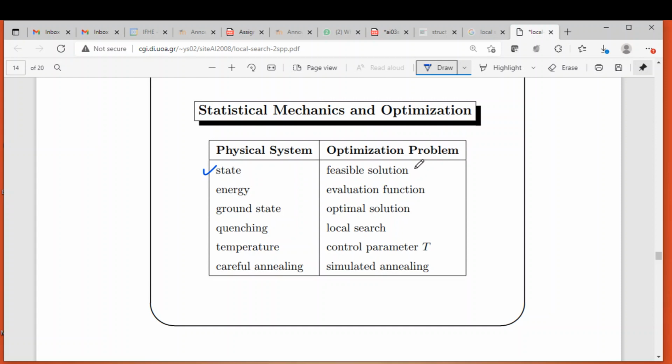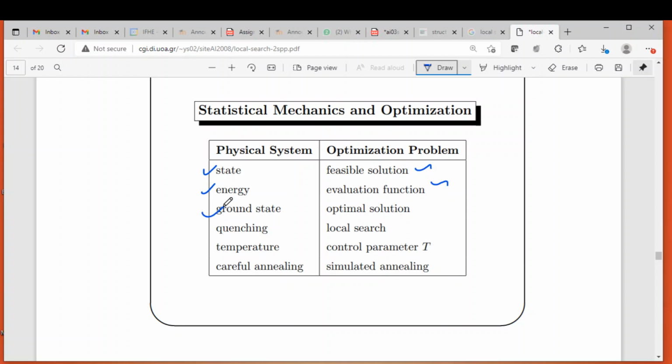But here we call them feasible solutions. There we use the term energy; as an equivalent, here we use the evaluation function. The evaluation function measures the goodness of the solution, how good the solution is. Similarly, energy is the energy level of the material at that point of time.